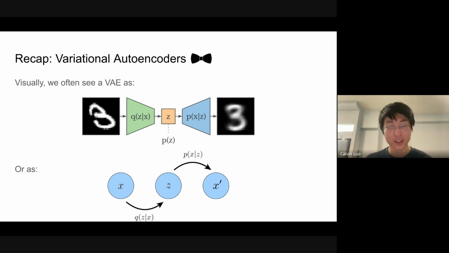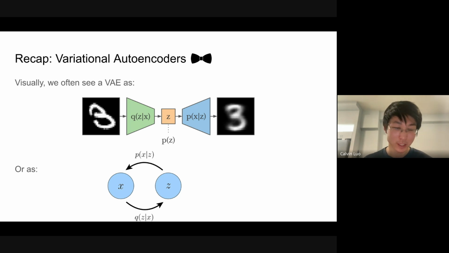We can curve the arrows for visual beauty, and we can even collapse it back into itself, to say that we're learning an encoder that takes something from X to the latent Z space, and something from the latent Z space back to X space. This is just visual notation, really trying to describe the same thing.